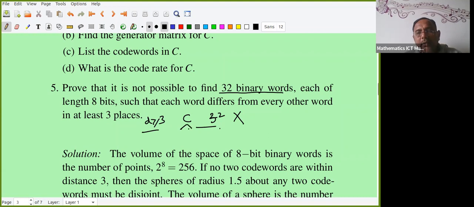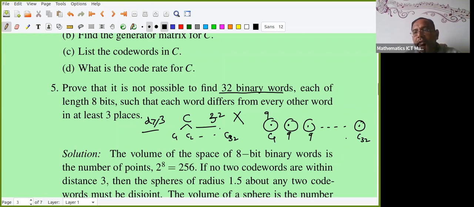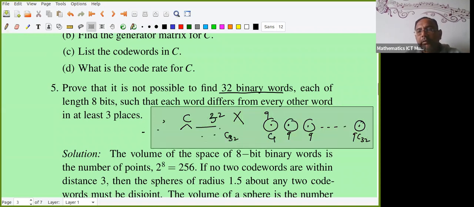I take these 32 code words C1, C2, up to C32. Now, if you draw circles around them, this contains 9, this contains 9, this contains 9. So total 32 into 9 is more than 256, but the total number of binary words with 8 bits is 256 only. So that is not possible. I hope this part is clear. Please go through it and let me know.